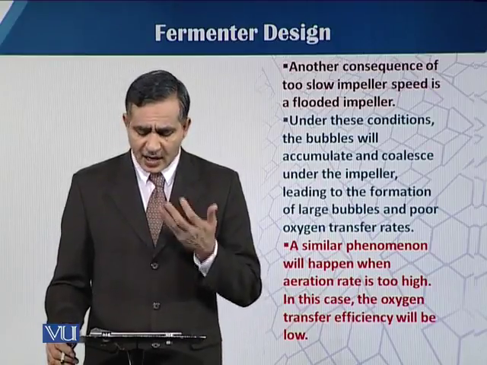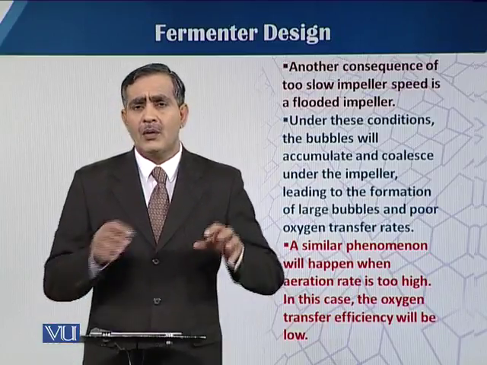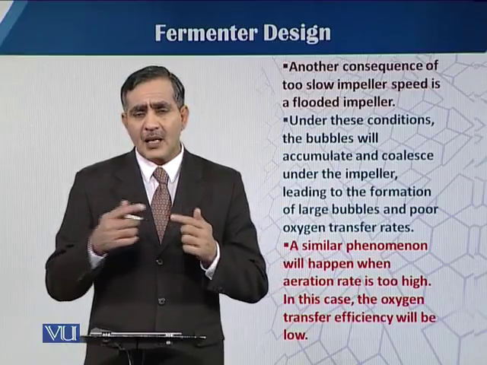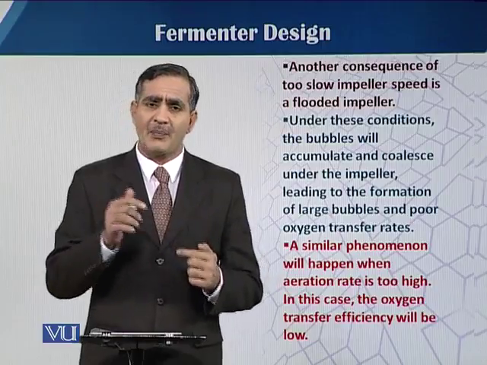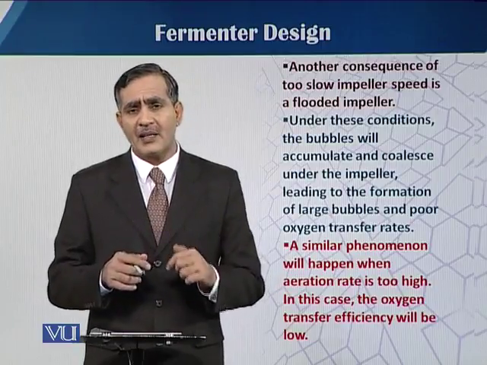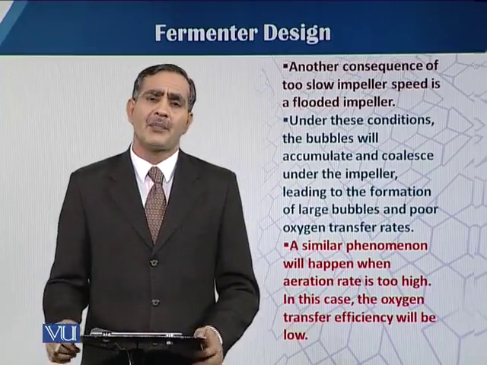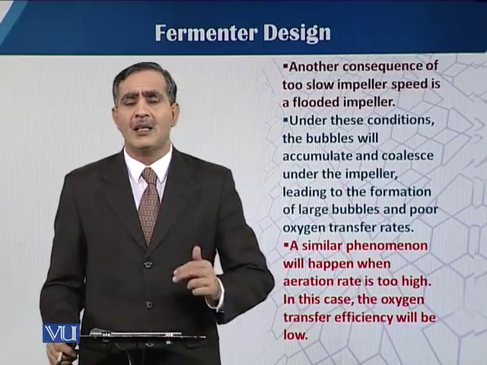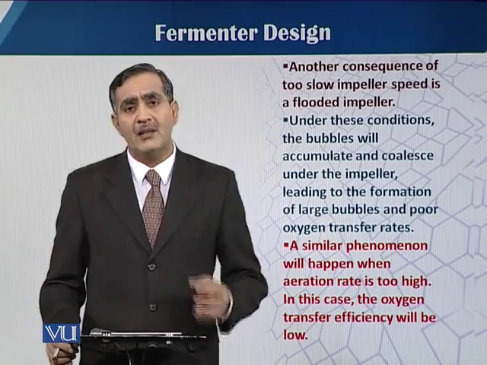In that case, the oxygen transfer efficiency will also be low. So the air pressure and the impeller speed are both factors which can have either a positive or a negative effect. Under optimum conditions, the oxygen delivery system works properly, along with the right combination of impeller speed in a fermentation vessel.